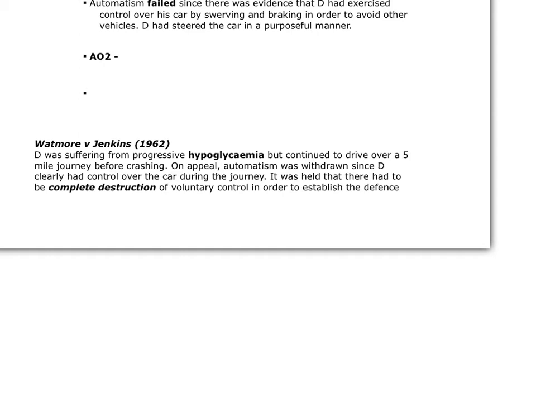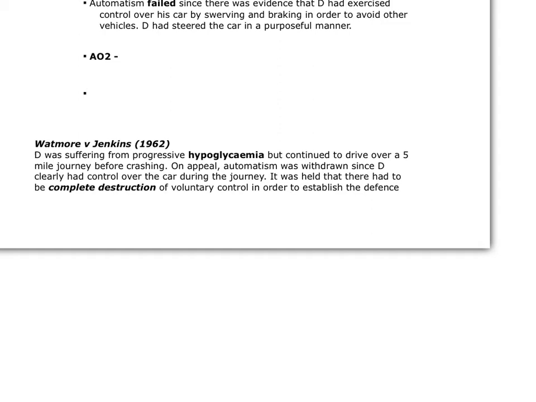Second case, Watmore and Jenkins. So this is another diabetic hypoglycemic case. This defendant, very similar, was suffering from progressive hypoglycemia, which is how hypoglycemia sometimes comes on. It'll be gradual, it can be over hours. Sometimes it's much quicker.